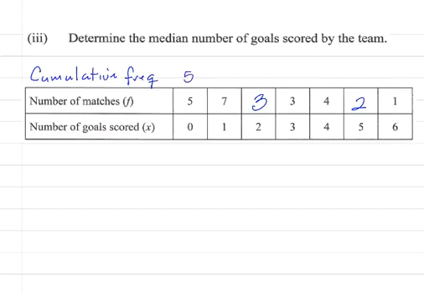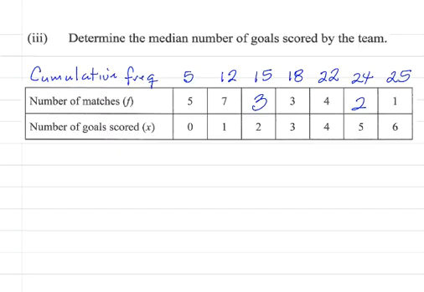So this is 5, then 5 plus 7, which is 12, then 12 plus 3, which is 15, then 15 plus 3, which is 18, 18 plus 4, which is 22, 22 plus 2, which is 24, and 24 plus 1, which is 25. So this row here is the cumulative frequency.